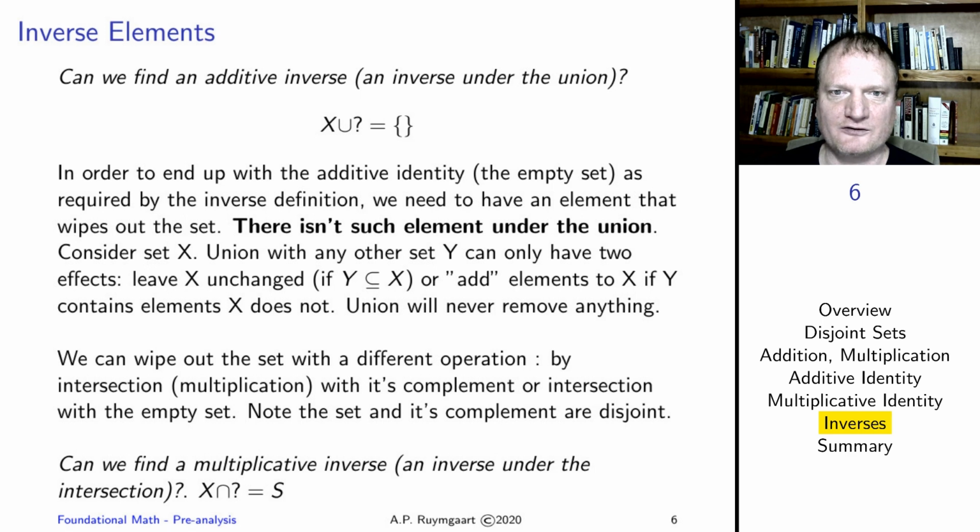If we do a union with a set that contains the same elements, or fewer, then we get the same set back. So the set is unchanged. If we do a union with a set that has more elements or different elements from our original set, then we get a larger set than we had. So the result is always either the same set or a larger set is returned by the union operation.